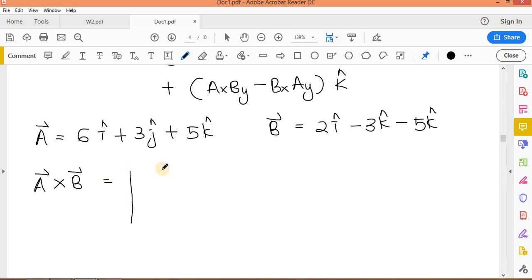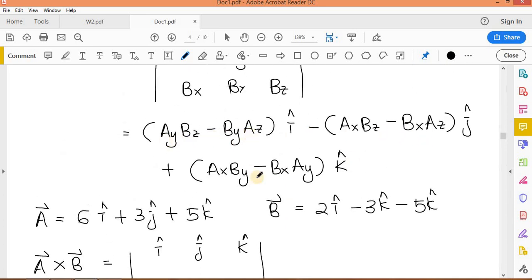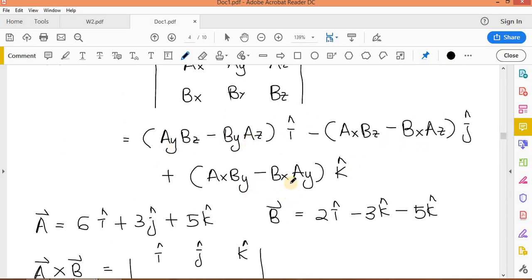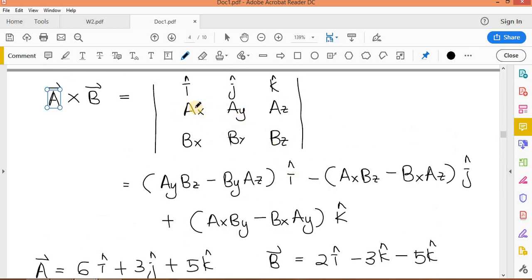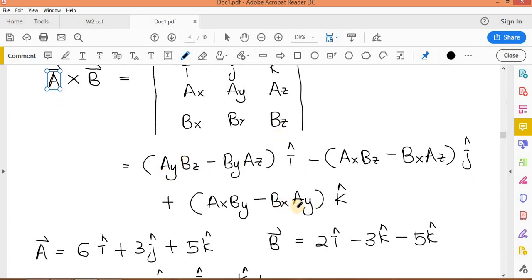So you will use this one, right? I don't encourage you to memorize this one because it is too complicated. I prefer you to fill out these Ax, By, Bz, all these components and learn how to derive it yourself. If you memorize it and one of it is wrong, then the answer will be wrong.